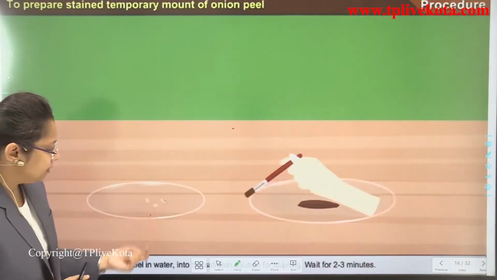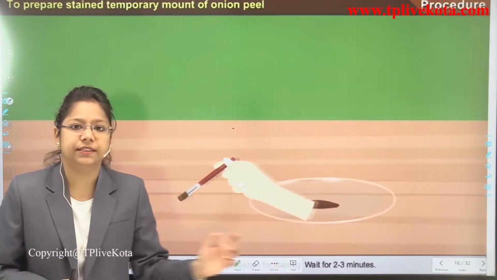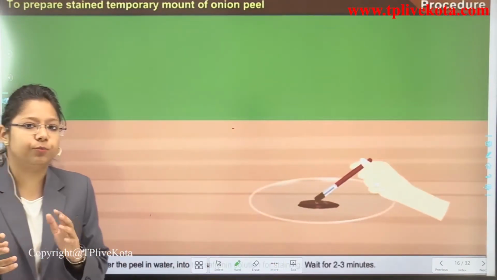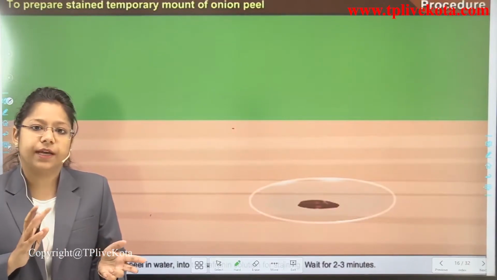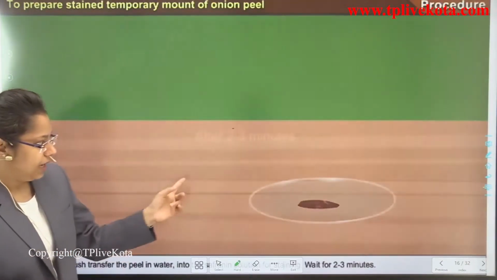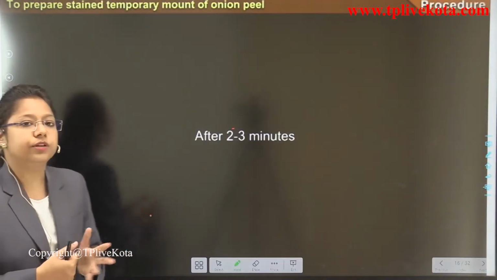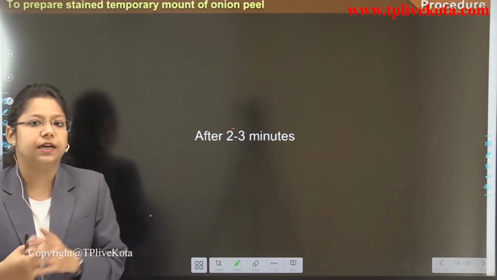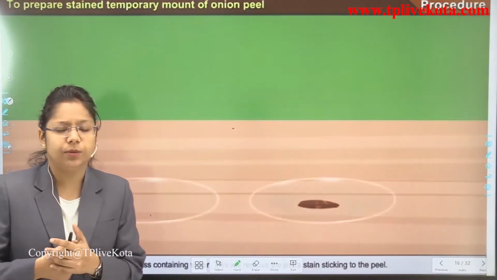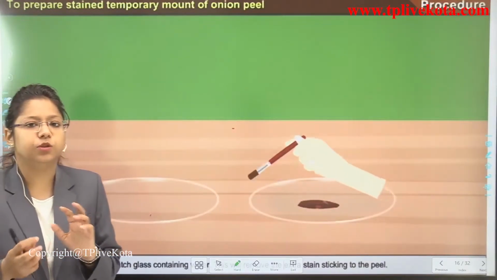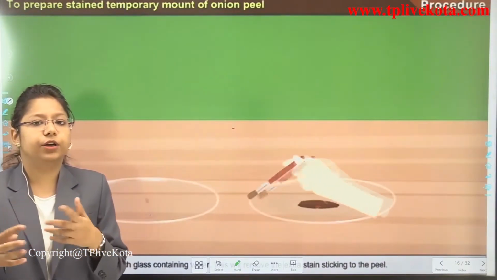Okay, now it is stained with water and then with safranin to make it germ free and to remove the impurities. Now with the help of a brush, after 2 to 3 minutes, it is put over the glass slide. Why are we taking 2 to 3 minutes over here? Because if germs or impurities are present, they are going to be removed.